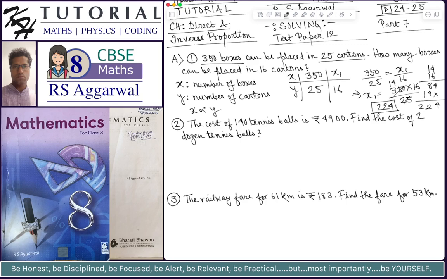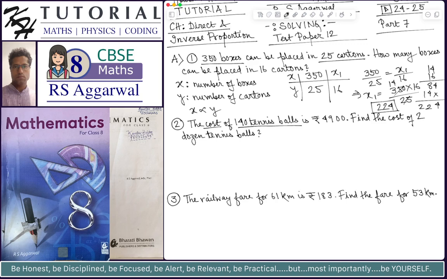So the quantities involved are cost and the number of tennis balls. Now it is obvious that the more the number of tennis balls, the more will be the cost, because the cost of each tennis ball is fixed, that is not changing.